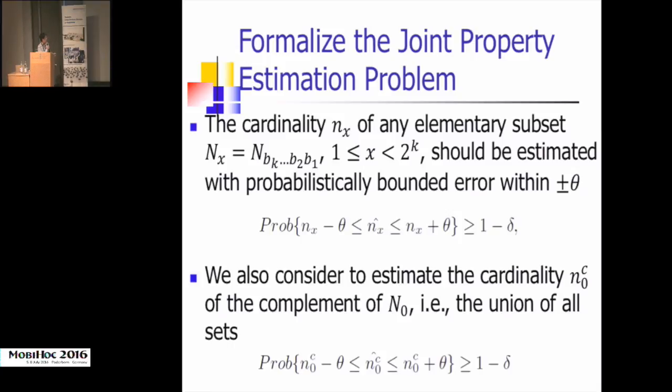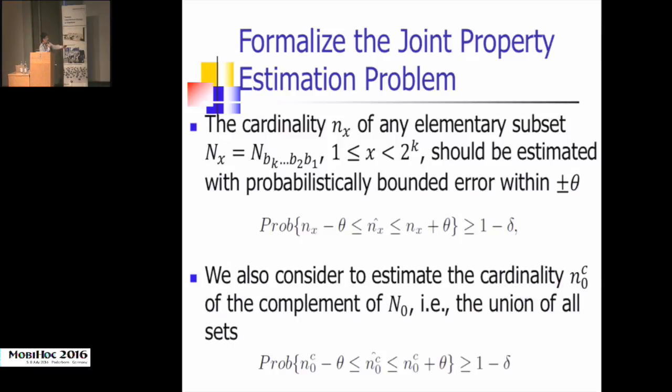Okay, now we can formalize our problem, and we know everyone in such a short time hates formalization, they hate symbols, but we have to use something. So we use the symbol NX to represent an elementary subset, and the symbol small nx to denote the cardinality of such an elementary subset.